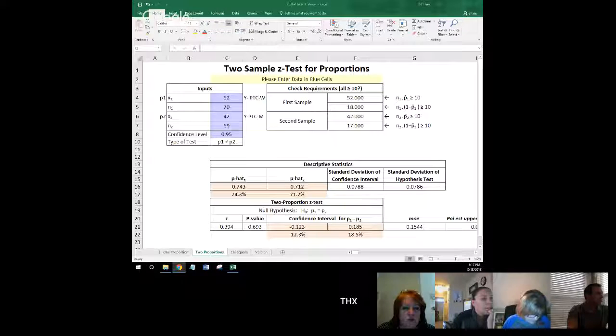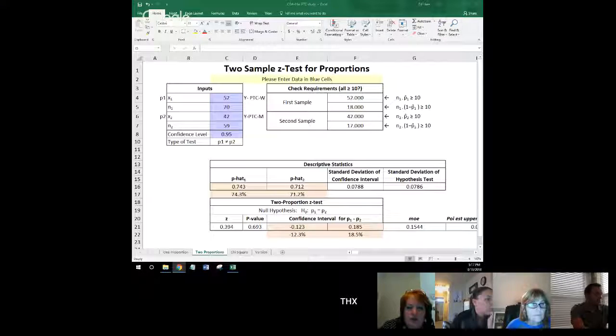So, ask us later, though. All right. So use this data in the table to find P hat 1, 0.743. Mm-hmm. Okay. Yes. All right. Yay. All right. P hat 2, 0.712. Yes.